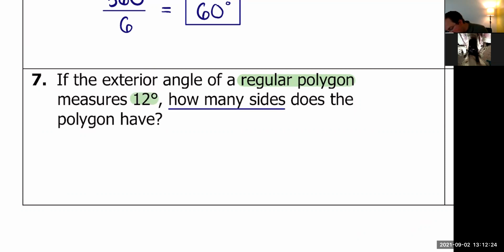So how many sides? That means we're missing n, right? Now, if we had known how many sides it had, what would we have set up in order to find the exterior angle? Divide 360 by it. So we would have taken 360 divided by the number of sides. And in this one, we actually had that measurement.